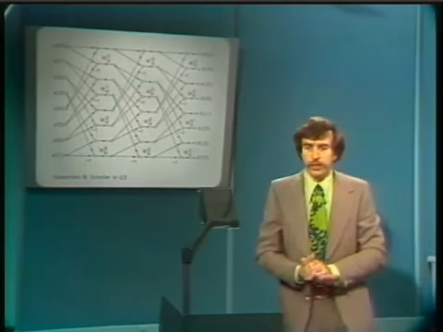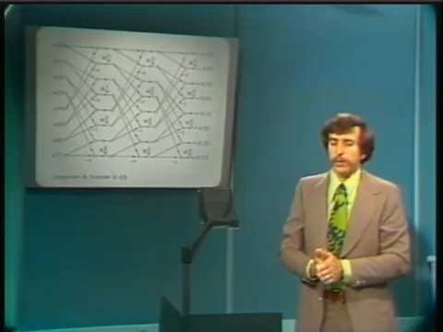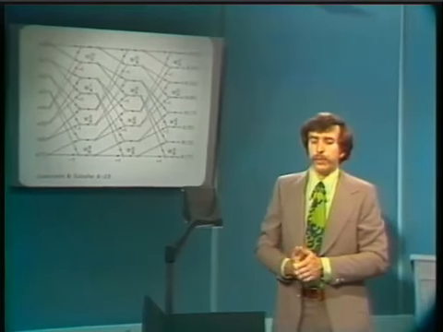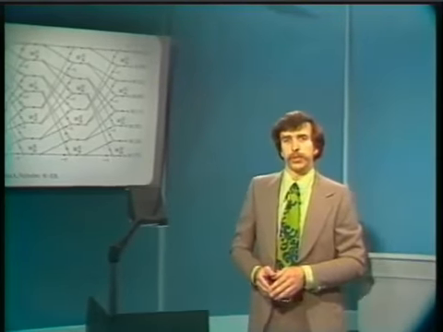What I would like to discuss now are a few of the computational issues that are involved in implementing the fast Fourier transform algorithm, and return also to a brief discussion of at least one situation in which there is a preference for using decimation in time or using decimation in frequency.